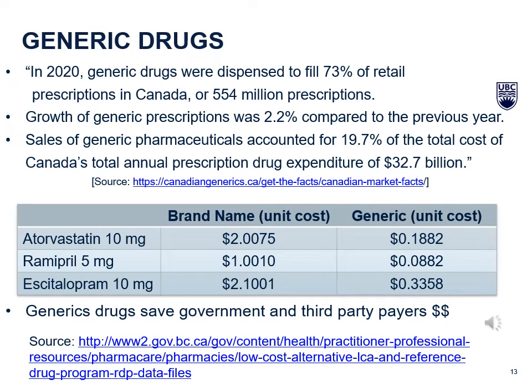Generic ramipril costs about 9 cents per capsule. The last example is escitalopram 10 milligrams. Brand name Cipralex costs about $2.10 per tablet, and generic escitalopram costs about 33 cents per tablet. The bottom line is that generic drugs save government and third-party payers lots of money.